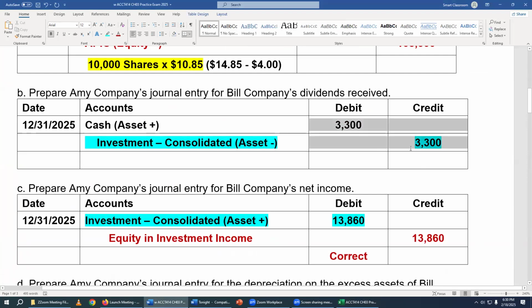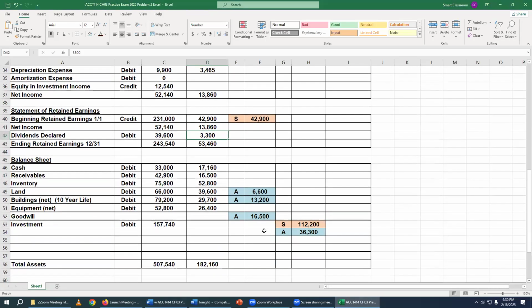So we're going to reverse that out, and it will increase the investment enough to make it balance out to zero. Okay, so we've got purple.